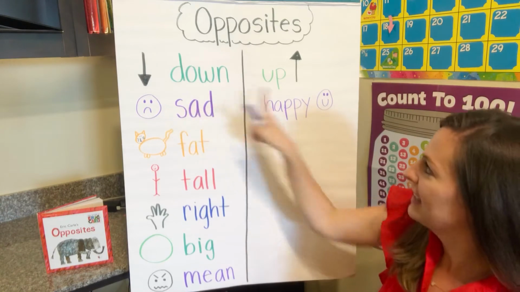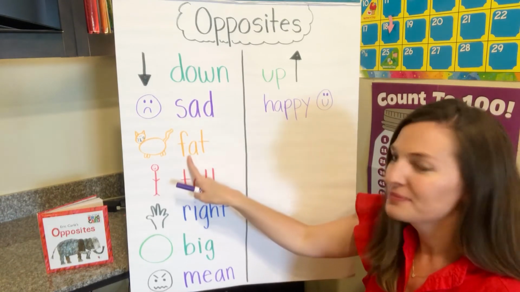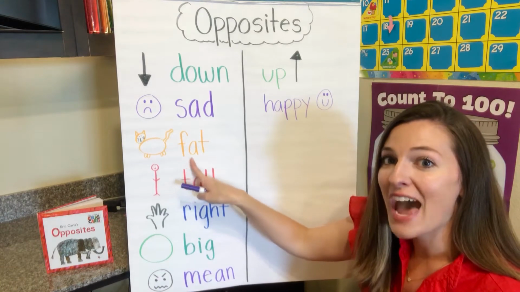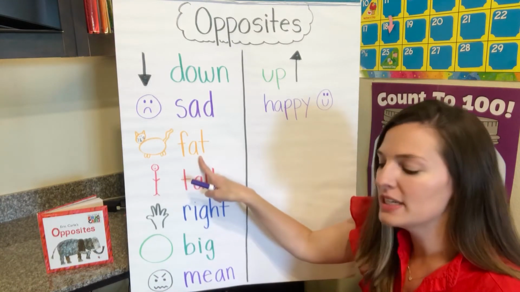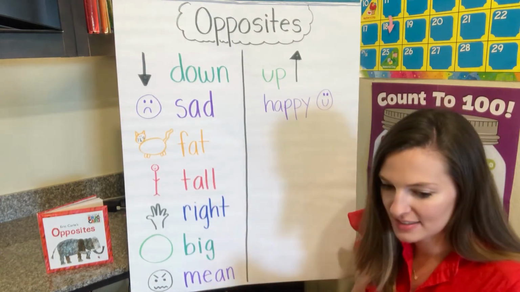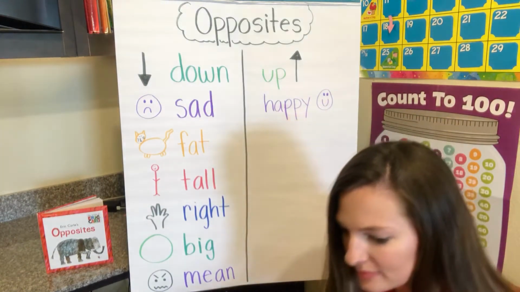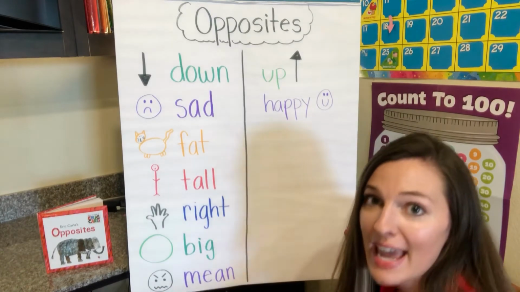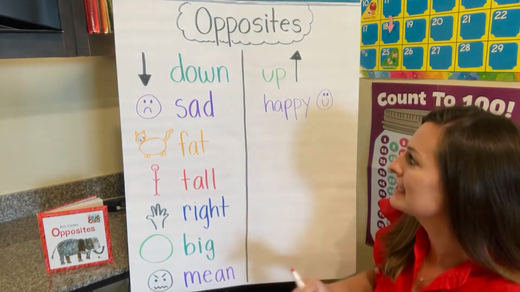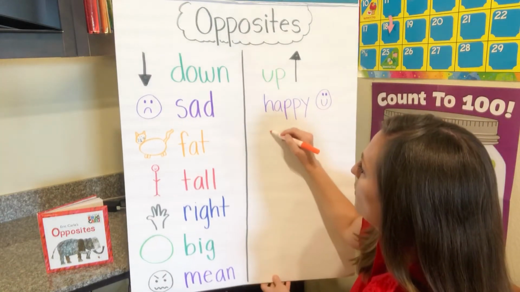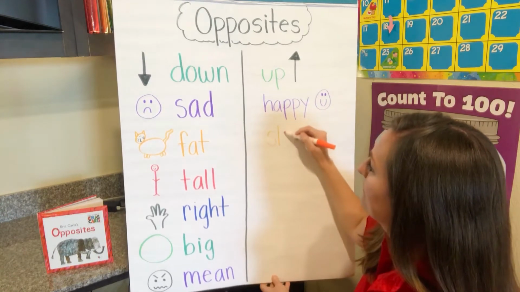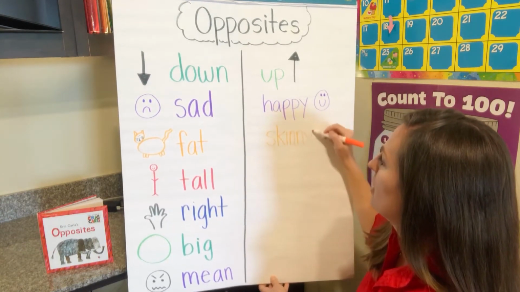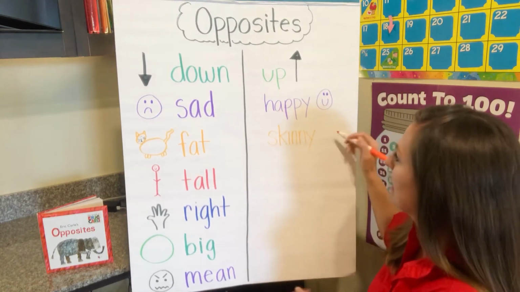So sad and happy. What is this word? Fat. What is the opposite of fat? We could say skinny, or we could say thin. We'll write skinny. So the opposite of fat is skinny.